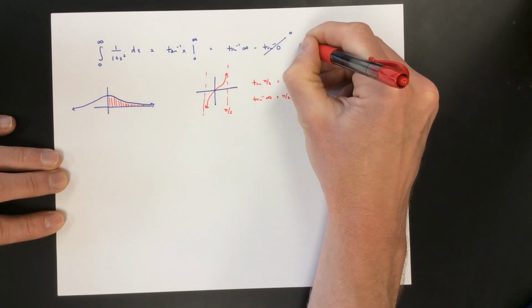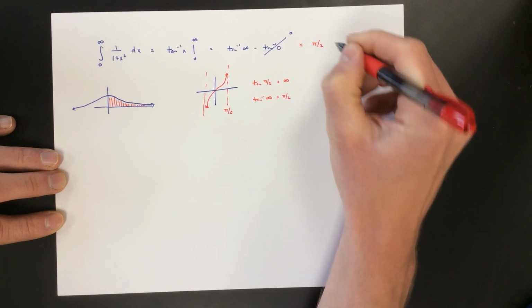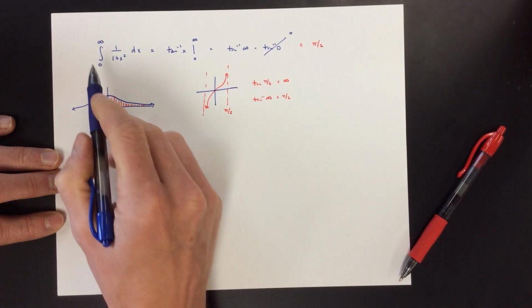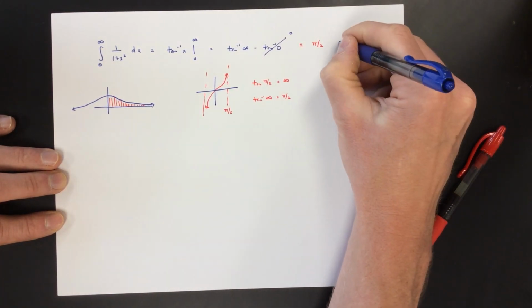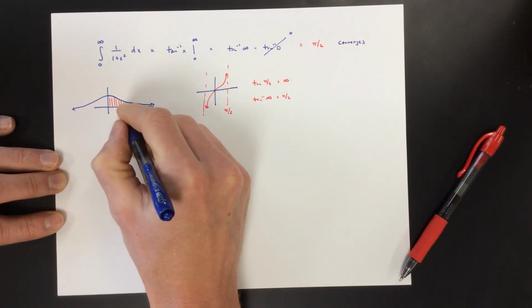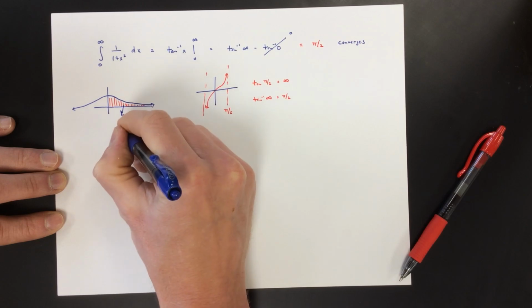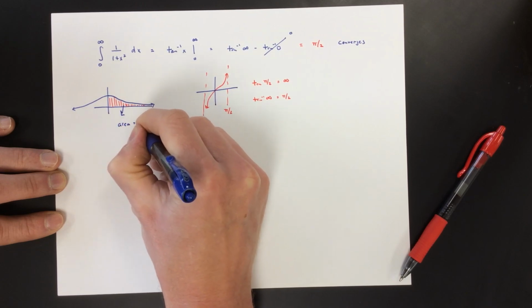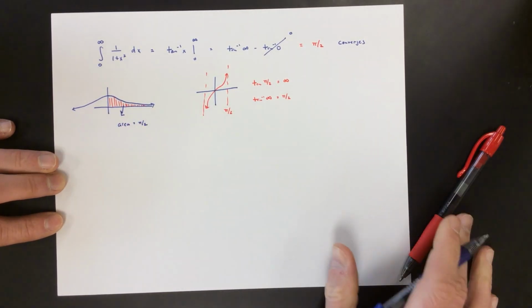So this value is actually just pi over 2, and so your answer here is pi over 2. And so what I'm telling you then is that this integral converges because it has a finite area. This area here is exactly pi over 2, which is a finite number.